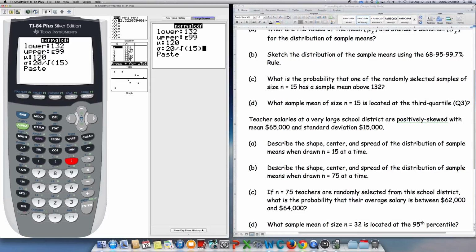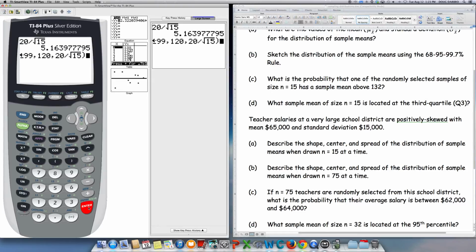Okay? Paste. Hit enter. So the probability would be 0.0101. Okay, part D. What sample mean of size 15 is located at the third quartile?